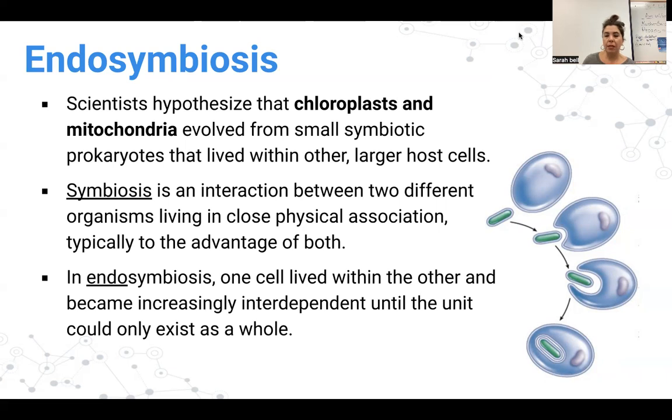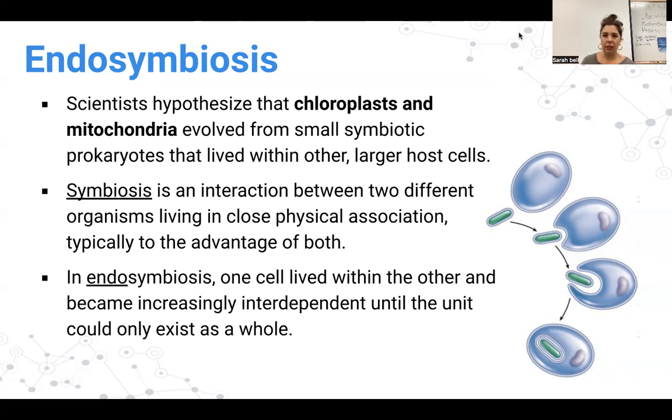Mutualism is when both organisms benefit, as opposed to something like parasitism, which you have probably heard of before and is another type of symbiosis. If you know what a parasite is, parasites are usually benefiting while the host is not. That's an example where one organism benefits, but the other one is being harmed.